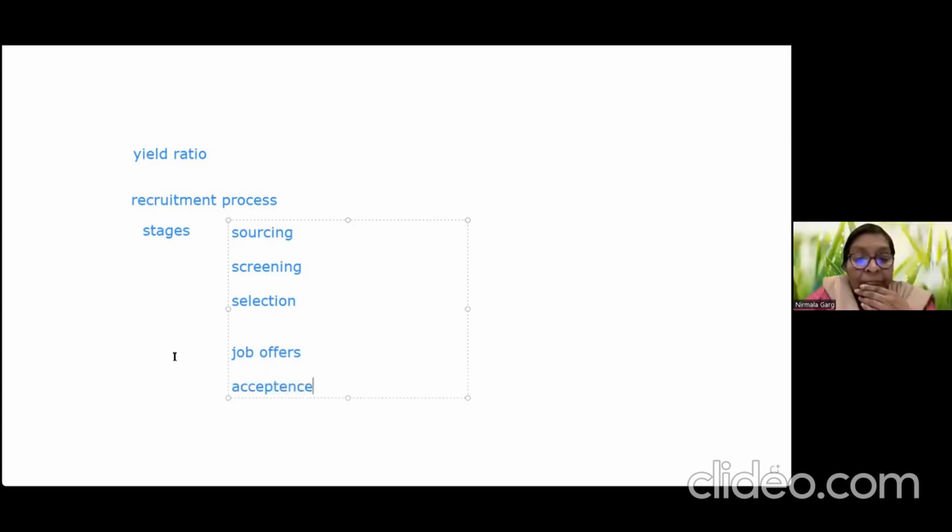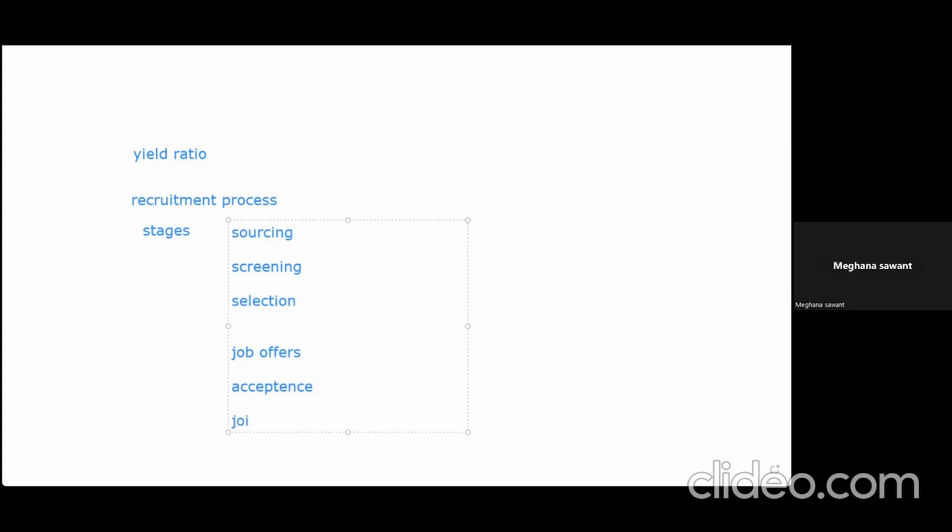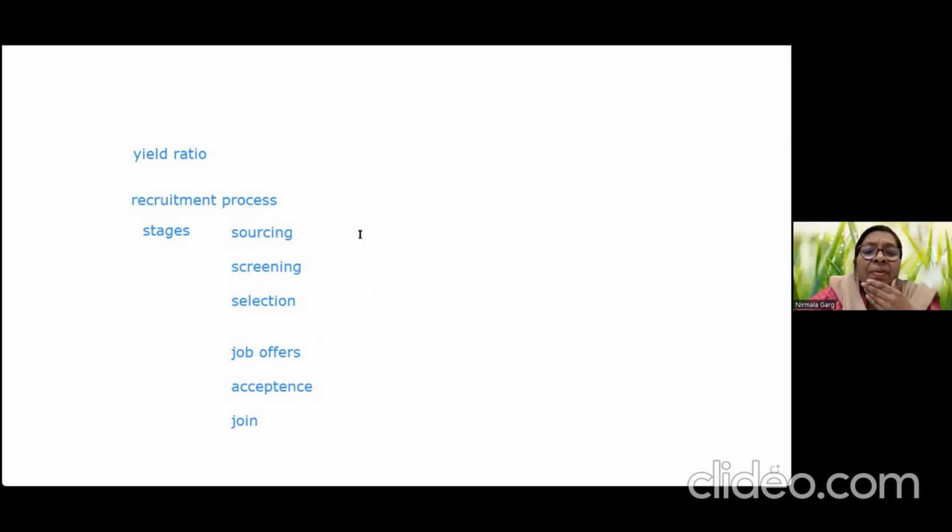So typically in a recruitment process, you're looking at up to joining, and also onboarding. Now, when I look at a yield ratio, it is also called a funnel approach. Say, for example, you have received 1,000 CVs.